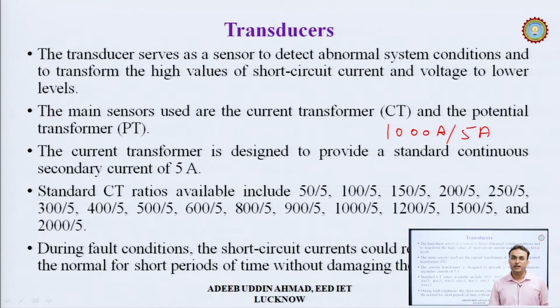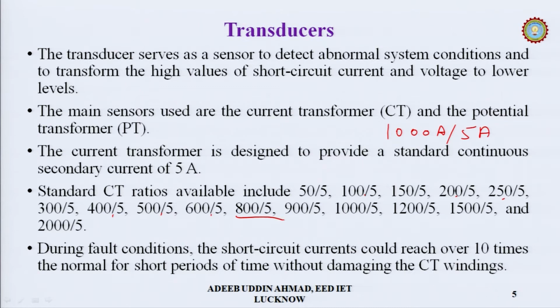The current transformer has some standard ratings available: 50 by 5, 100 by 5, 150 by 5, 200 by 5, 250 by 5, 300 by 5, 400 by 5, 500 by 5, 600 by 5, and so on. What is the meaning of 800 by 5?